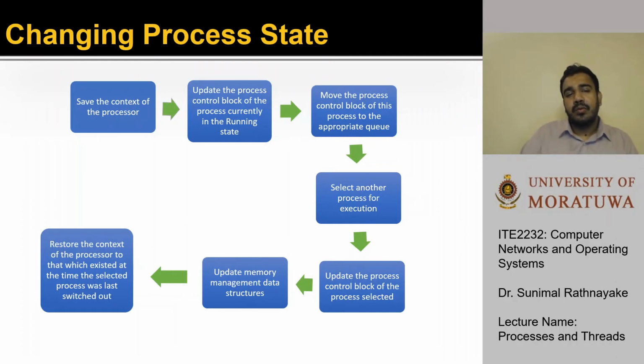So when changing the process states, we first save the context of the processor, update the process control block of the process currently in the running state, move the process control block of this current process to the appropriate queue, and select another process for execution, update the process control block of the process selected, update the memory management data structures, and restore the context of the processor to that which existed at the time the selected process was last switched out.